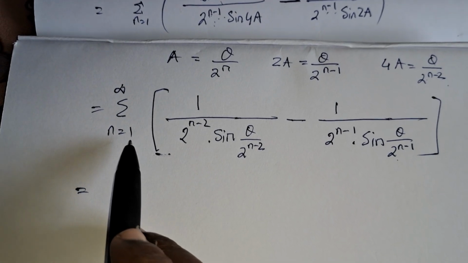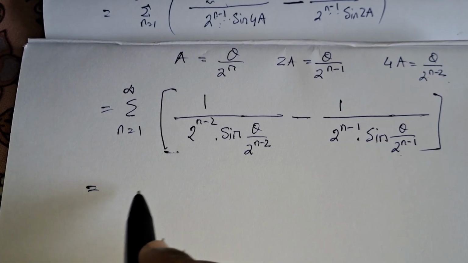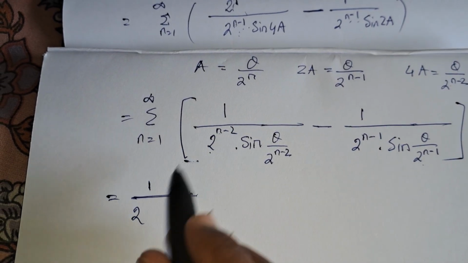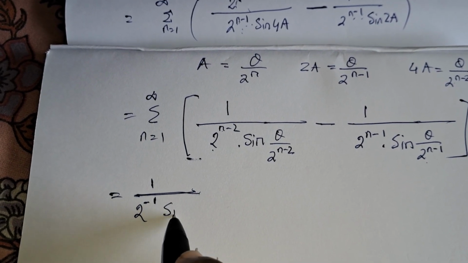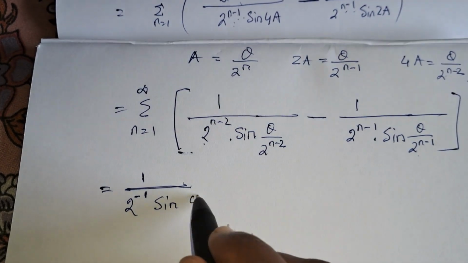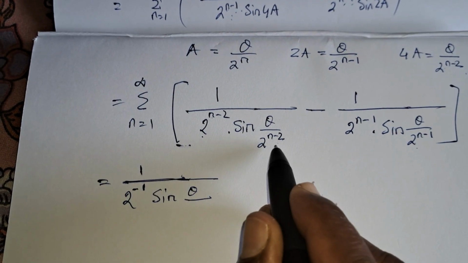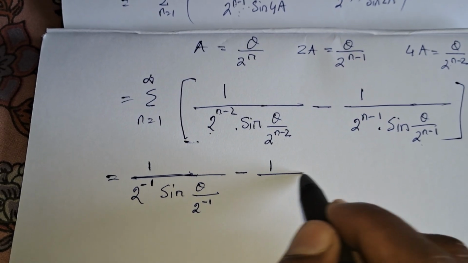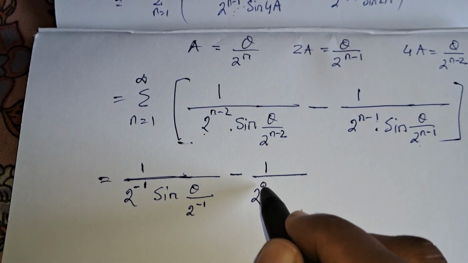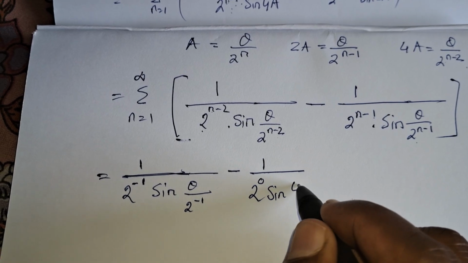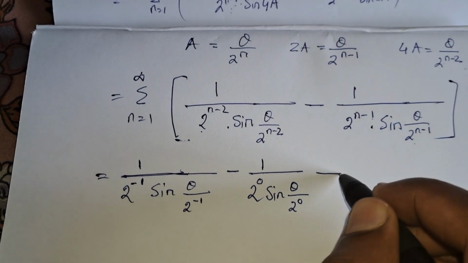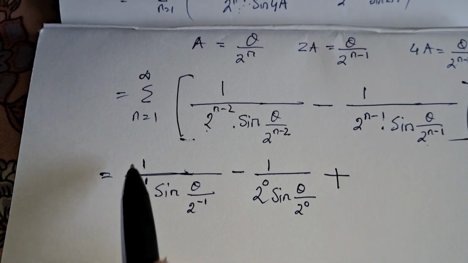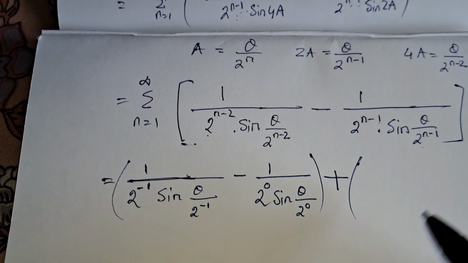Okay, now if you put n equal to 1, 2, 3 like this, so this will be 1 by 2 to the power 1 minus 2 means minus 1 sine theta, then 2 to the power minus 1 minus, for this 2 to the power 1 minus 1 is 0, sine theta by 2 to the power 0, new plus, because there is summation sign. Now put n equal to 2. N equal to 1 is done for this. Now n equal to 2.